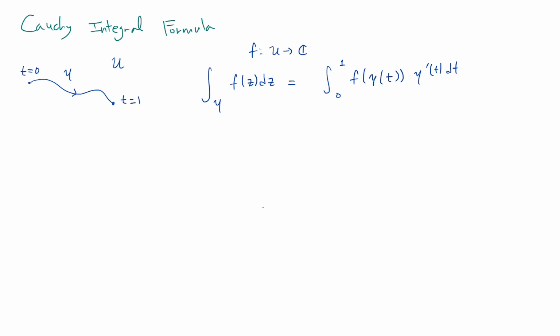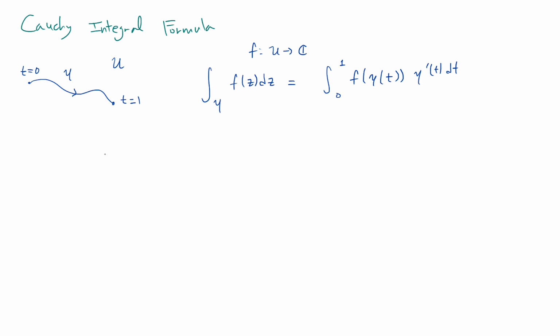For the purpose of this presentation, we're not going to deal with pathological gammas, like space filling curves. We're only going to focus mostly on circular gammas, or ones that are piecewise just a line, for example. So we'll take the approach of Stein and Shakarchi and not worry about a lot of pathology here.